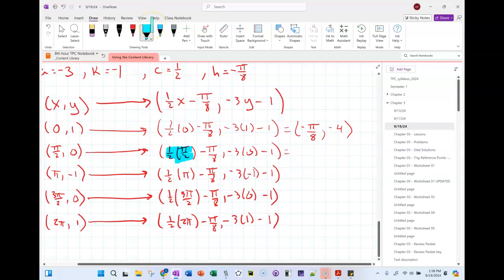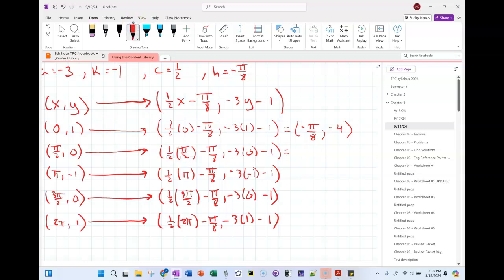Pi over 4. What's pi over 4 minus pi over 8? Nope. Make a common denominator. 1/4 becomes 2 pi over 8. 2 pi over 8 minus 1 pi over 8 is 1 pi over 8.